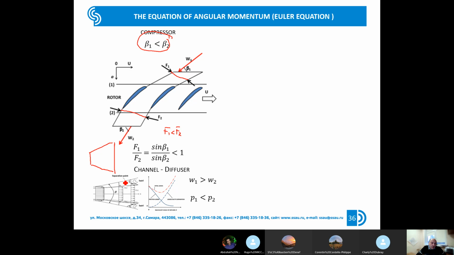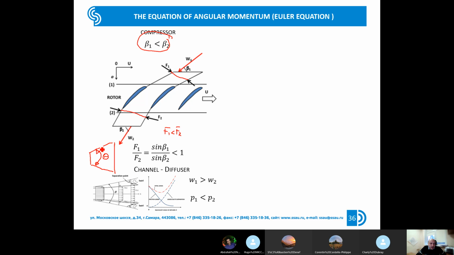The flow very often separates at the walls of the diffuser, and the probability of the separation depends on the diffuser angle. And if you increase this angle, you increase the probability of separation, and finally you increase losses.